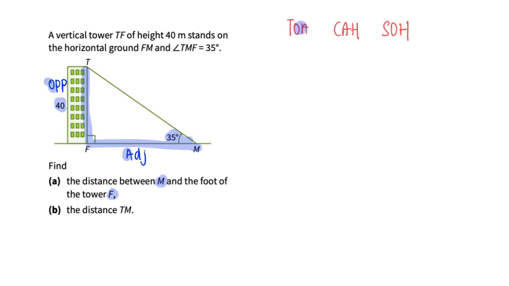So for part A, I'm going to use the tangent ratio to help us solve this problem. O over A, O is 40, A is my FM that we are required to find.